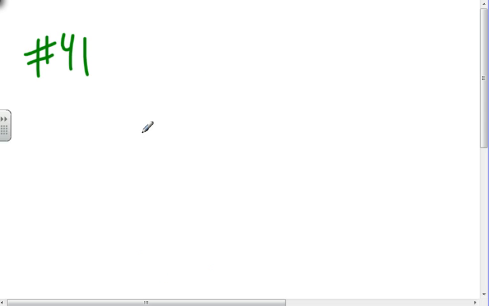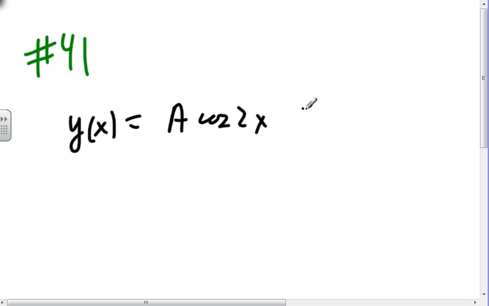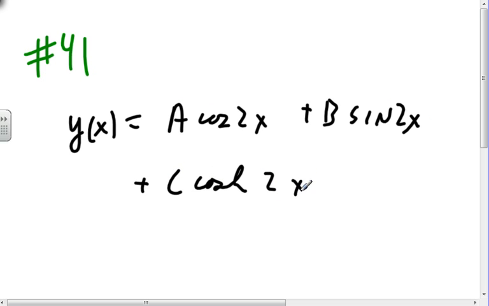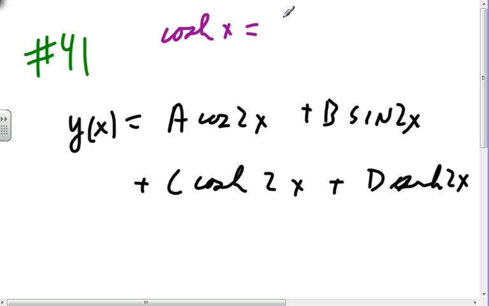So I have my answer. My answer is a cosine 2x plus b sine 2x plus c hyperbolic cosine 2x plus d hyperbolic sine 2x. Now, we remember that the hyperbolic cosine of x is e to the x plus e to the minus x over 2.